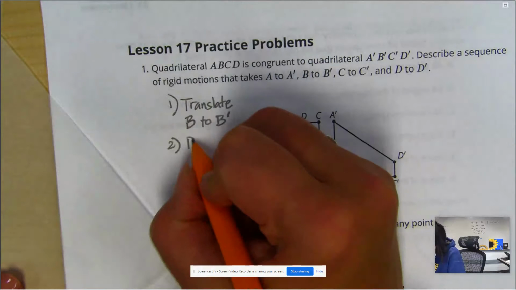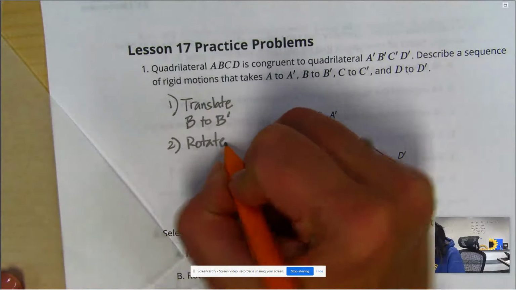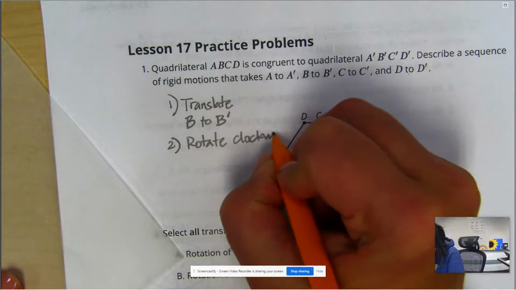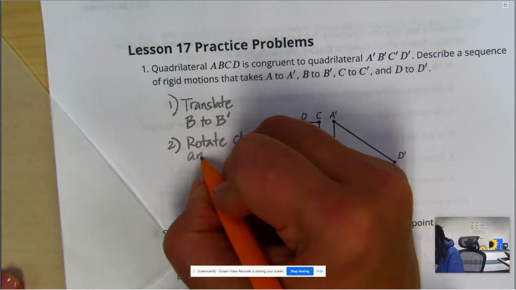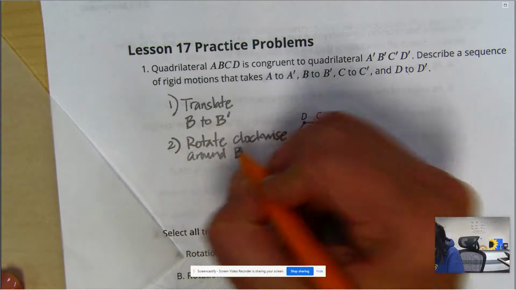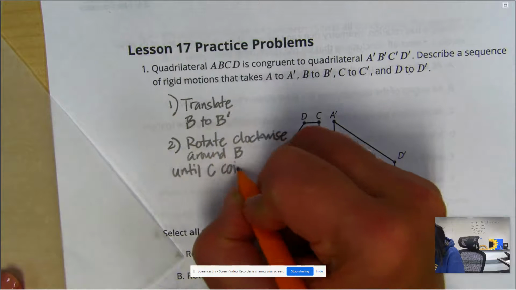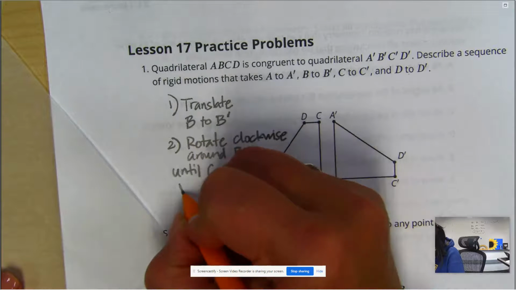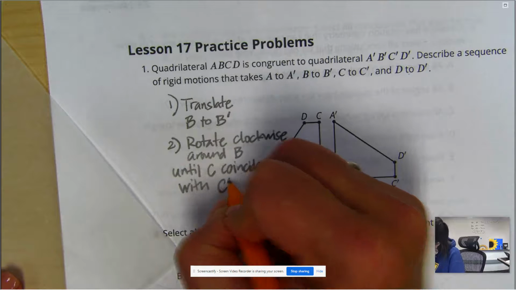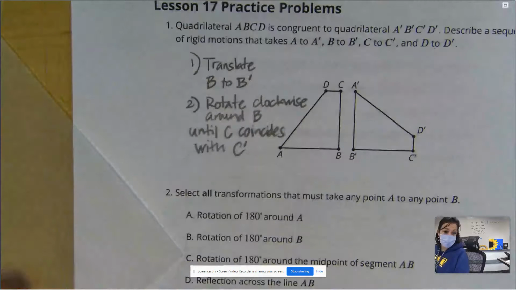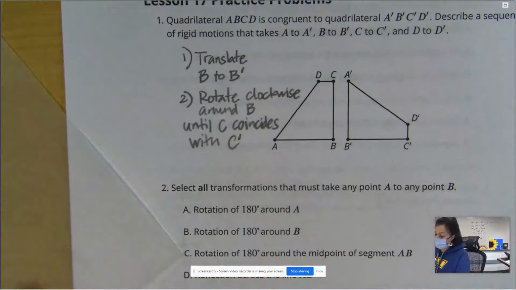Step 2, rotate clockwise around B until C coincides with C prime. And that probably isn't the only way to do it. It's just the way that I did it.